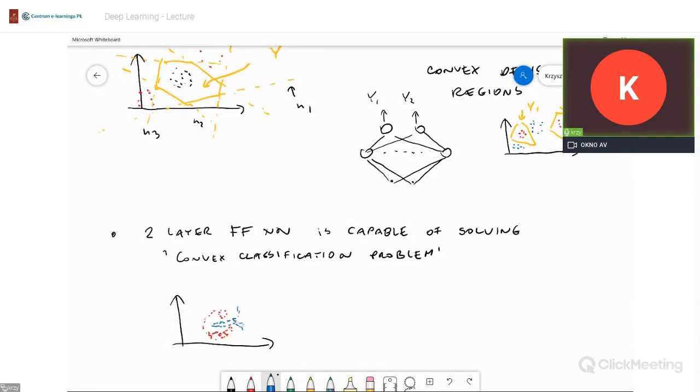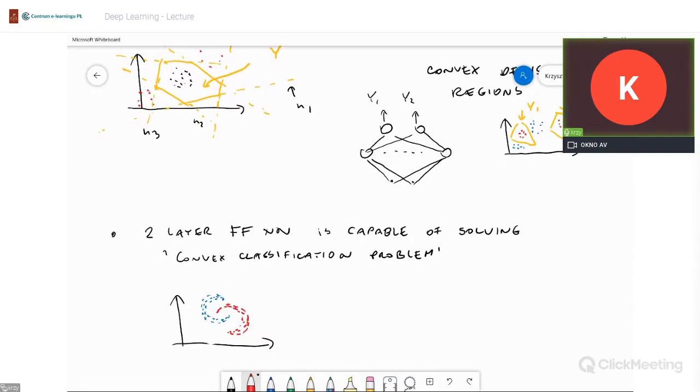Let me show you a very classical example of concave problems. This distribution is called the two moons. It's a distribution of examples which is concave, non-convex.